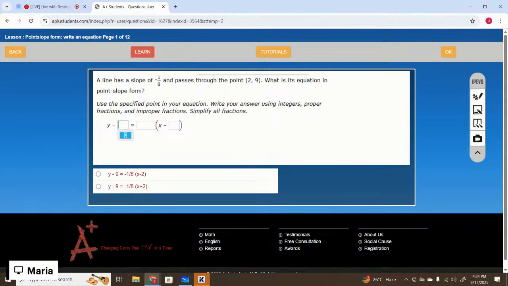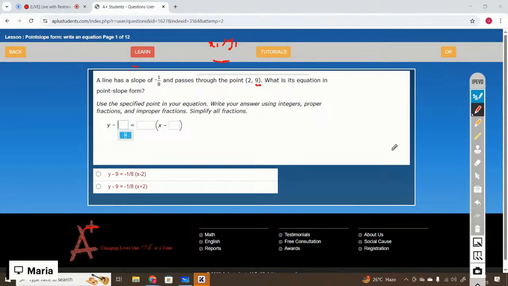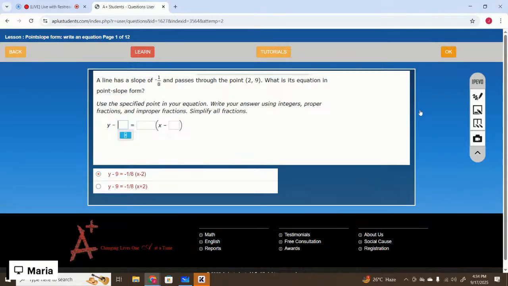So we need to write down the equation. Y minus y1, y1 is 9. So that is y minus 9. Slope is negative 1 by 8 and x minus 2. So option number 1 is the correct option. Y minus 9 equals negative 1 by 8 times x minus 2.